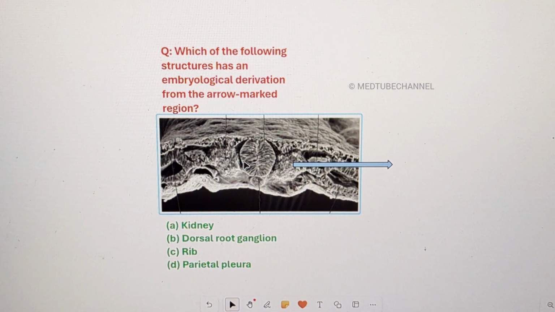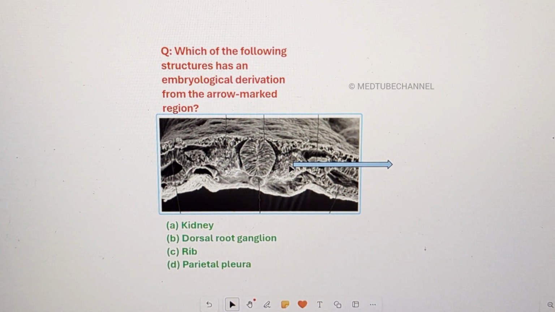The most notable feature here at the center of the picture is the neural tube, which is the precursor to the central nervous system, including the brain and the spinal cord. However, this question focuses on the other aspect.